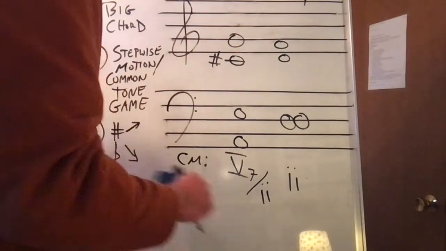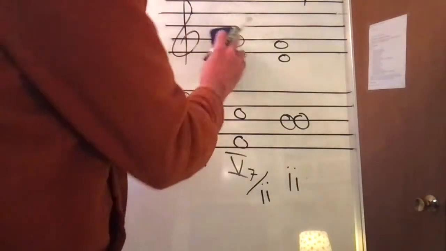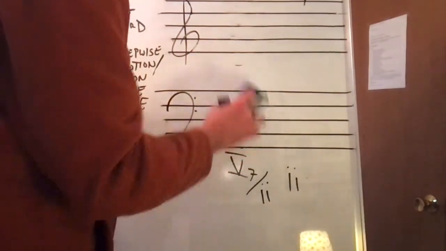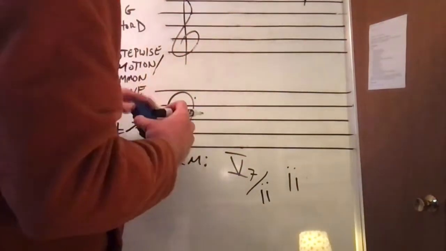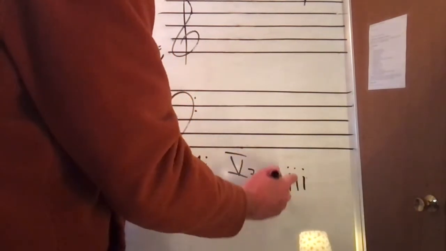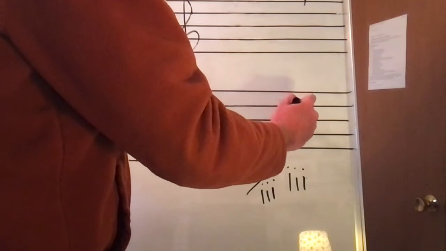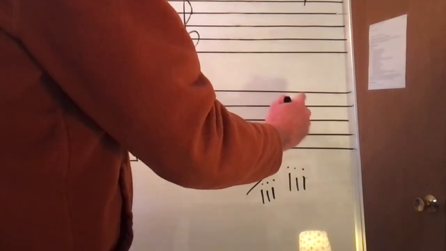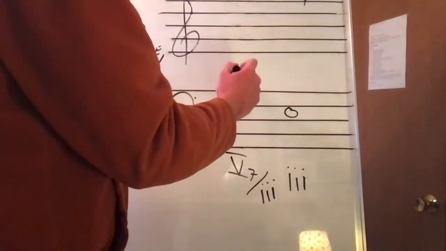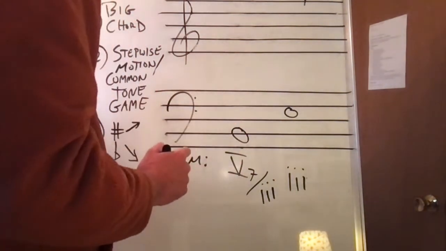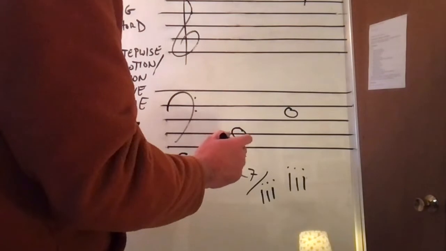Okay? You can do this for the iii chord. Good, so our goal here is E. A perfect fifth higher than E is B. I'm just going to put the B down here. The perfect fifth higher is B, but I'll put it down here.